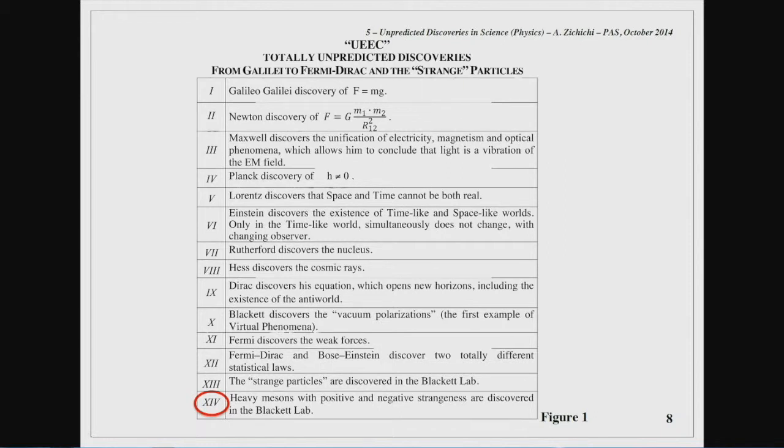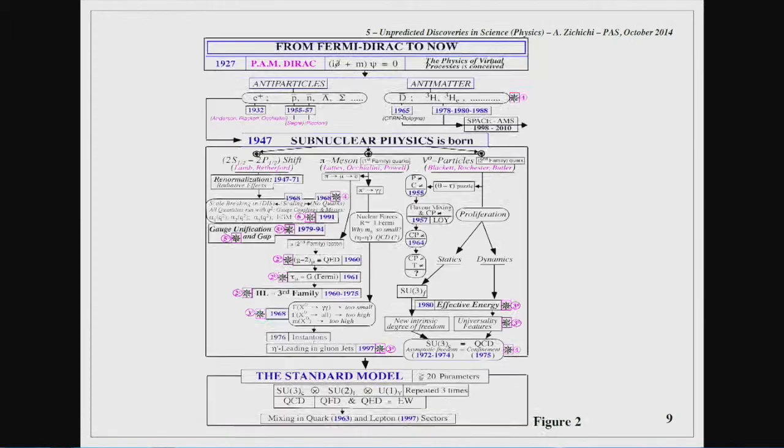Why? Because a charge must have its opposite sign, +1, -1, for the same object. It cannot be that it is +1 for mesons and -1 for baryons. And this is the discovery 67 years ago with the Blackett group, where I was, for the proof that indeed the strange charge was a fundamental new charge of nature.